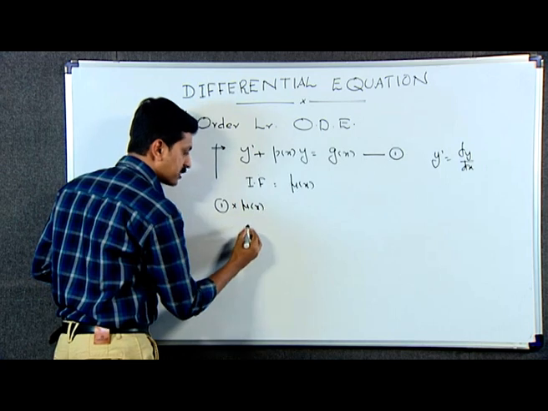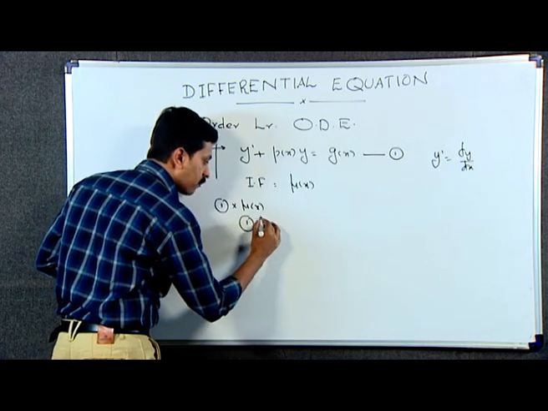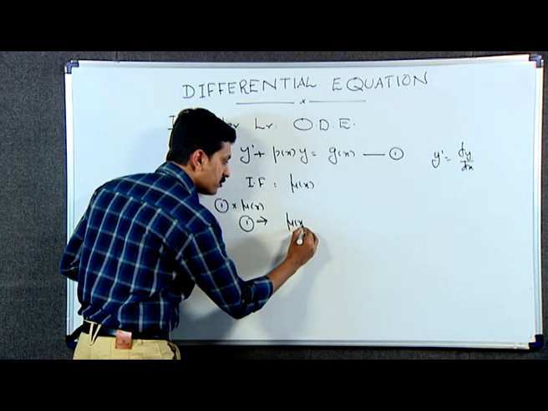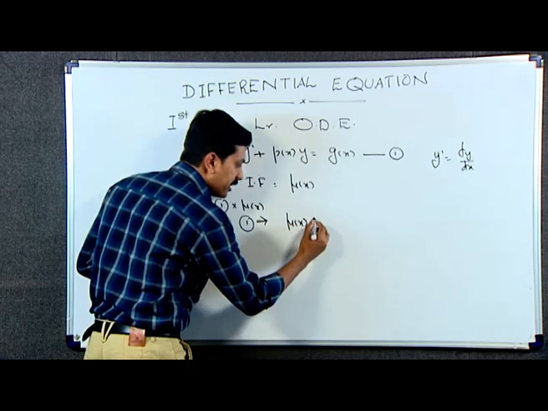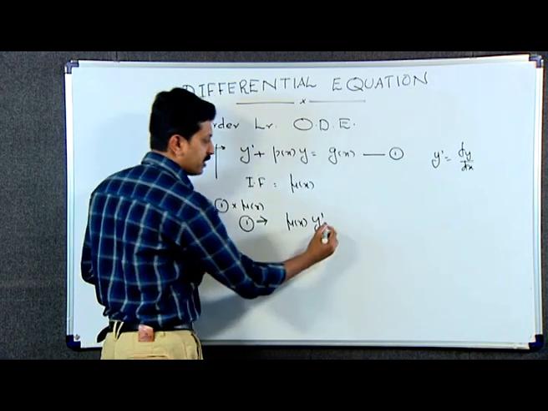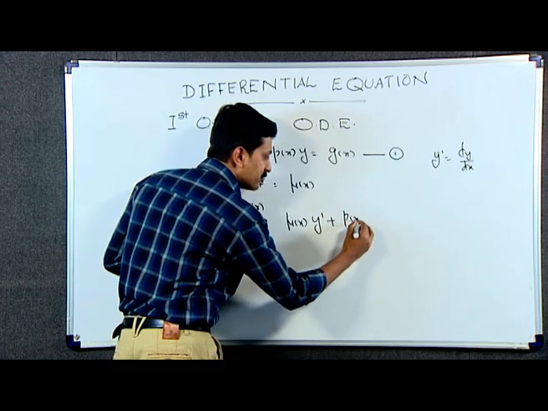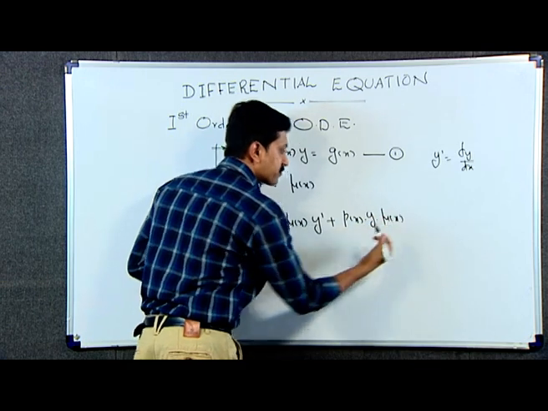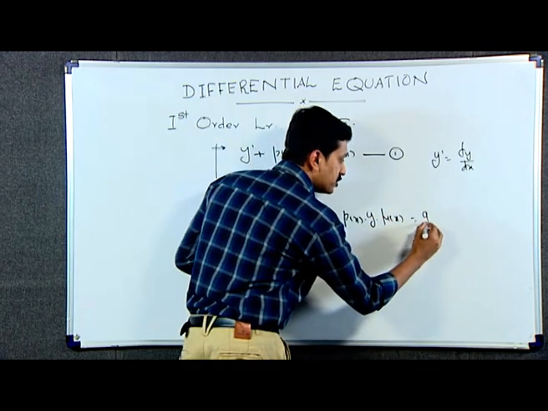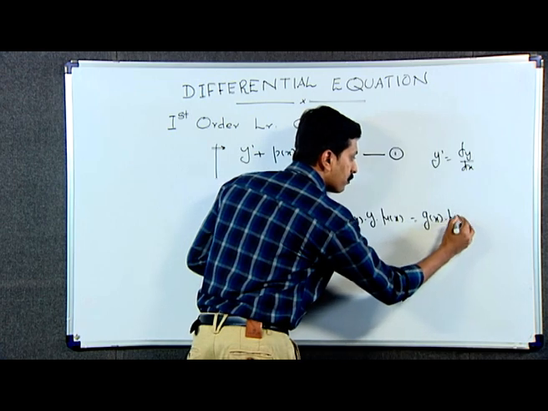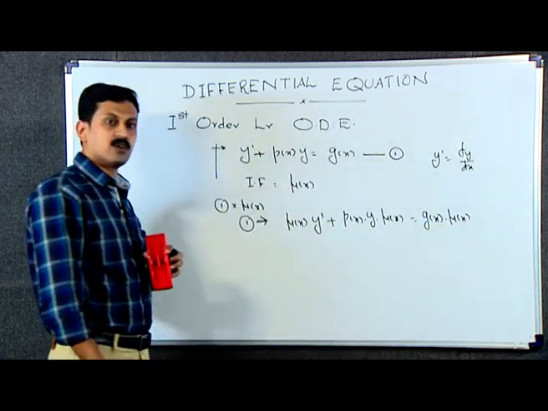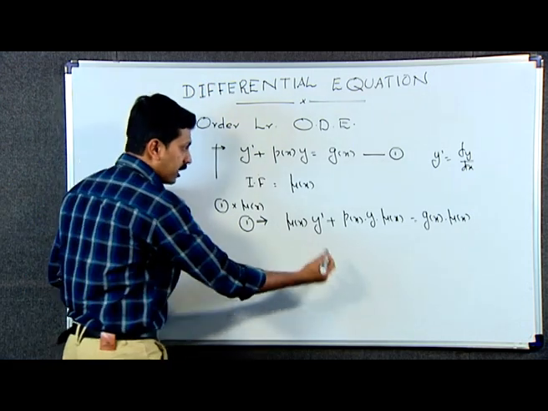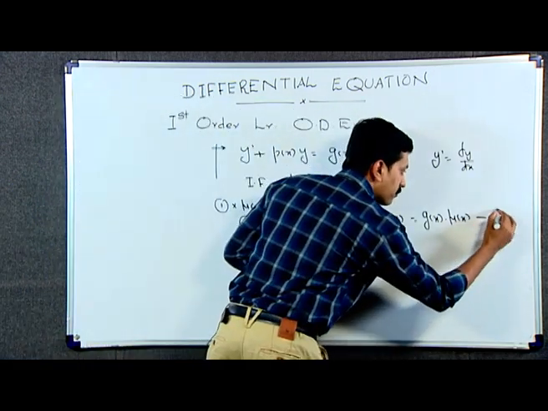Therefore, equation 1 changes to mu(x) [y' + p(x) y] = g(x) mu(x). I am denoting this as equation number 2.